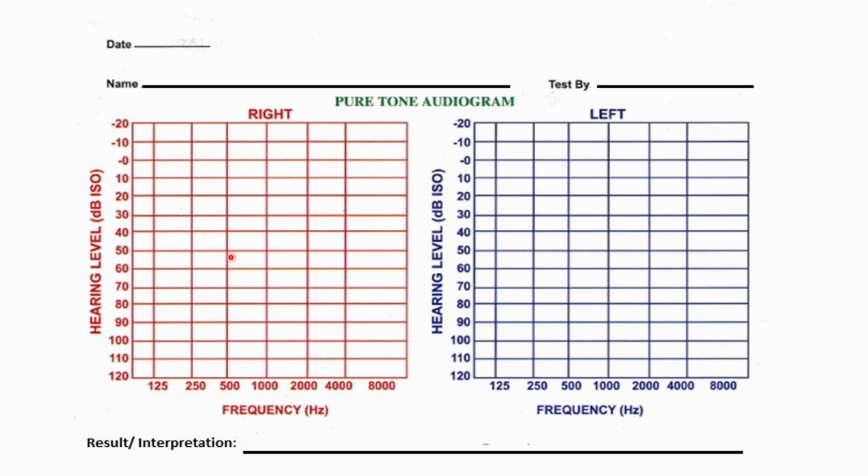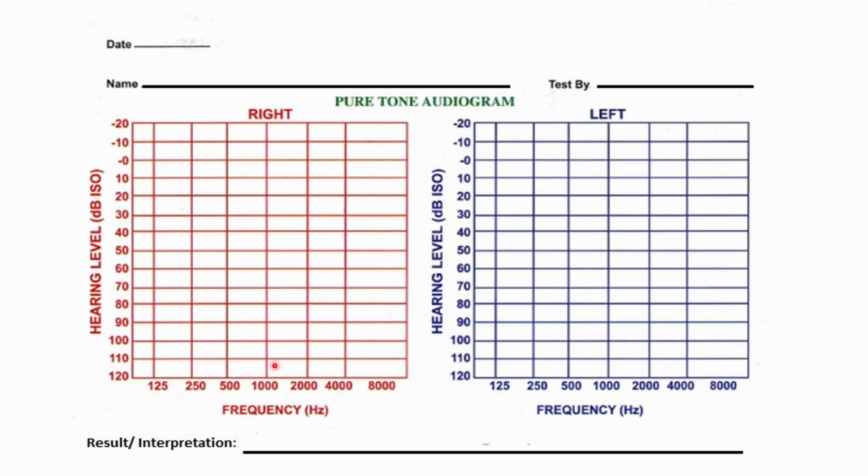Let's suppose at 50 the patient did not press, but at 60 he presses the button. Then again check the 60, he presses the button. Now the gap will be 5 decibel. At 55 decibel intensity the sound will be given, and if the patient presses the button, then again check 50 decibel. If he does not press the button, then again check 55, and if he presses the button, then 55 decibel is his minimum threshold level at 500 hertz.